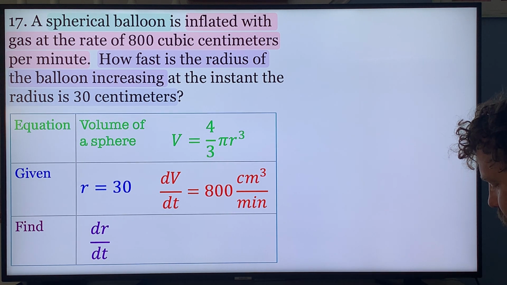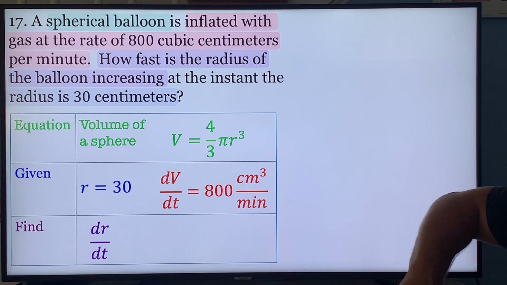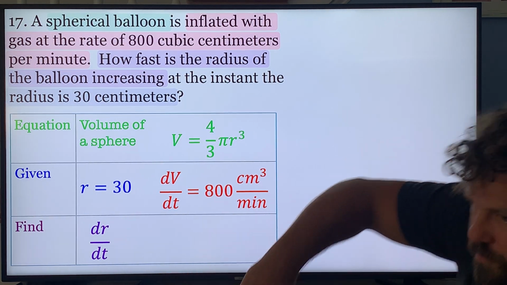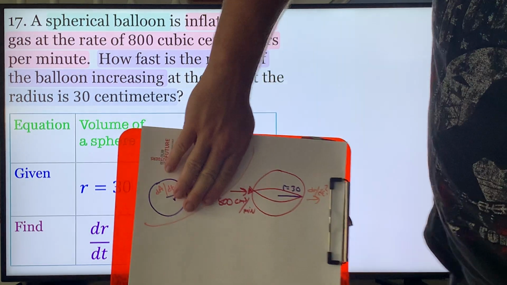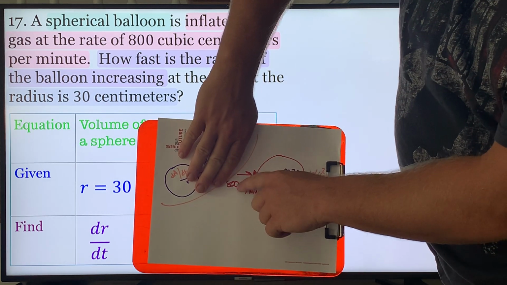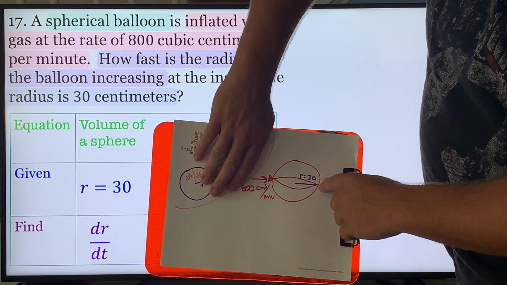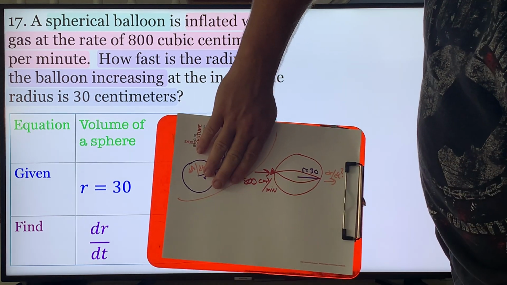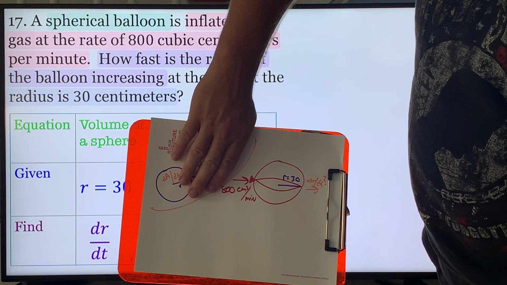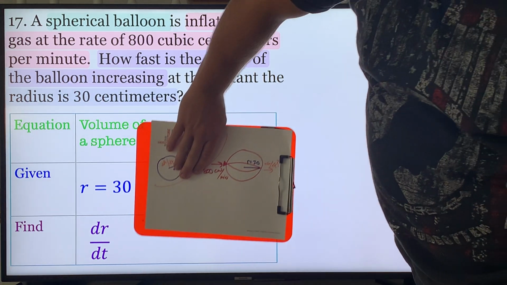So what we're looking for is dr/dt with a question mark. Here's a nice little picture. You got 800 cubic centimeters blown into the balloon. The radius is currently 30. dr/dt, it's expanding the more you blow in, and you're blowing in 800 cubic centimeters a minute. All right?